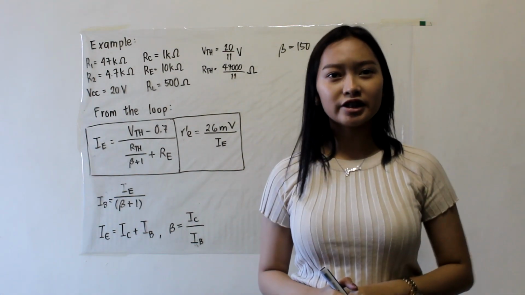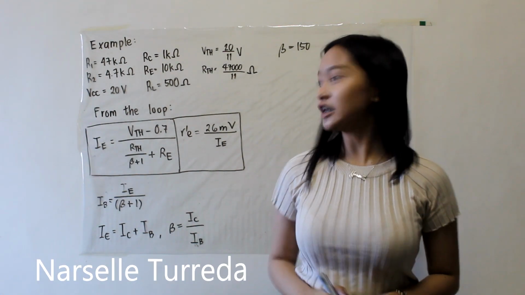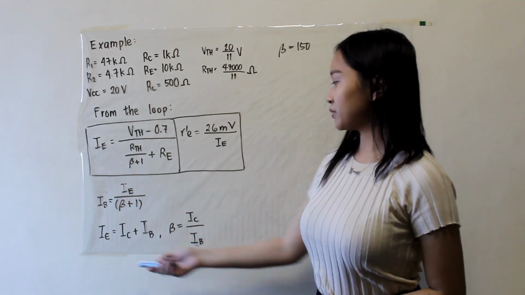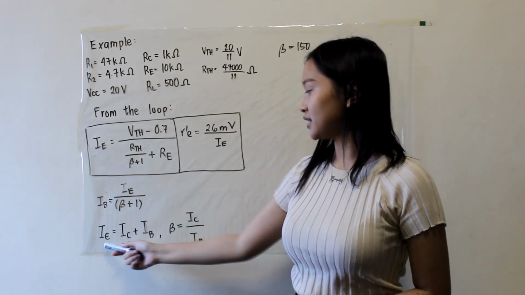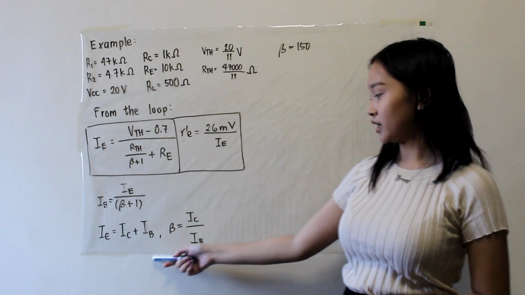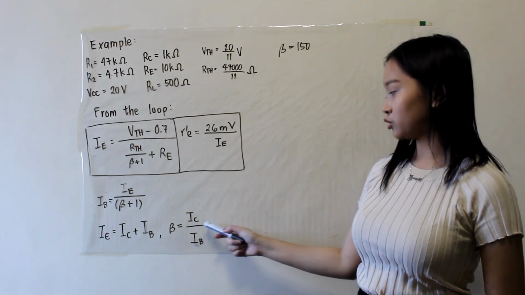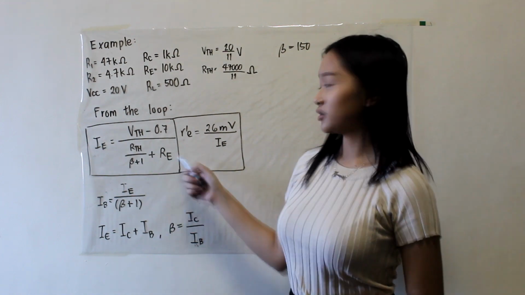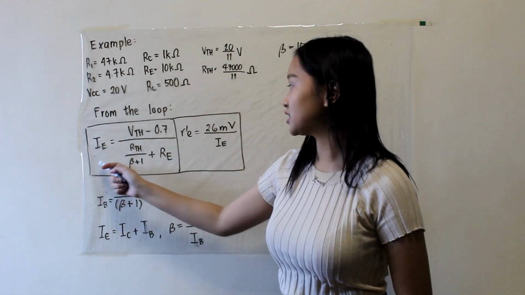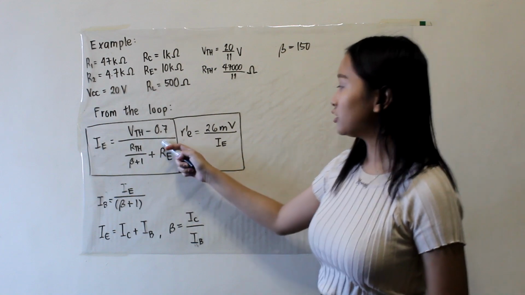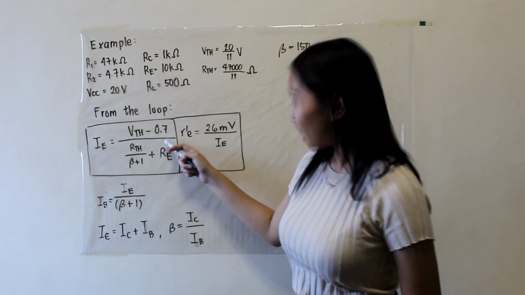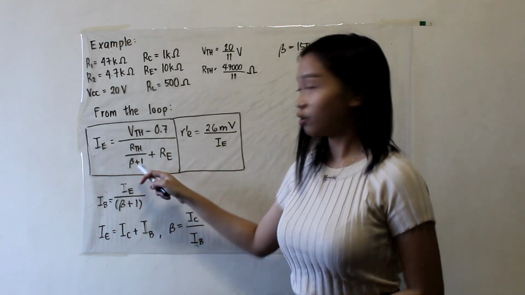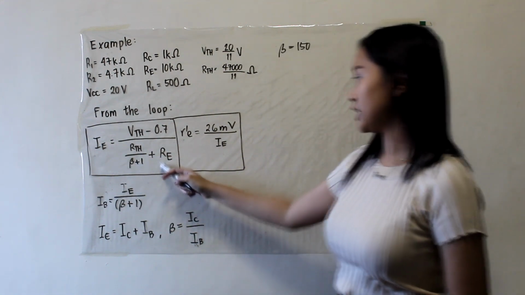From the Thevenized circuit that we had, and the relationship between IB and IE, which is derived from these formulas, IE is equal to IC plus IB, and beta is equal to IC over IB, we come up with this formula: IE is equal to VTH minus VBE, which is 0.7, over RTH over beta plus 1, plus RE.